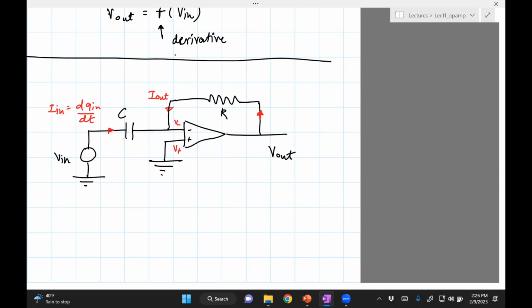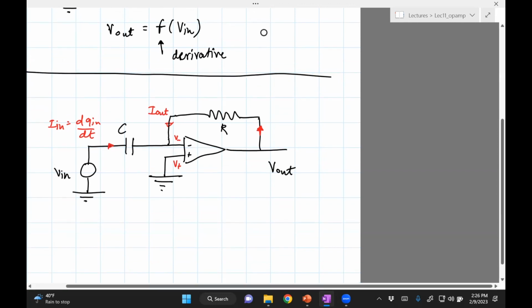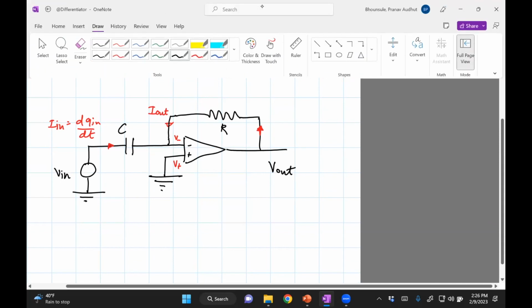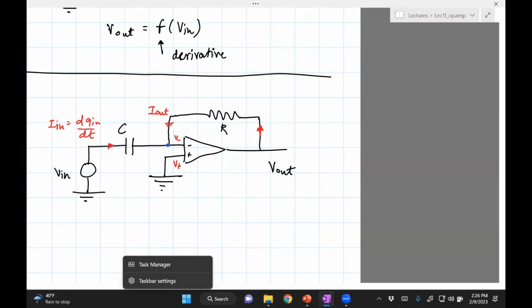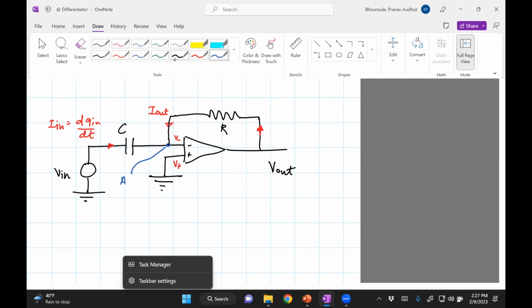Okay, that's it. So let's analyze this. Nothing different from what we did so far. Let's take this point, and I can call it A, because I already have C there. Let me try to set up the equations now.